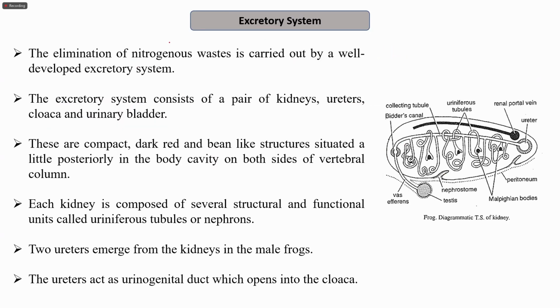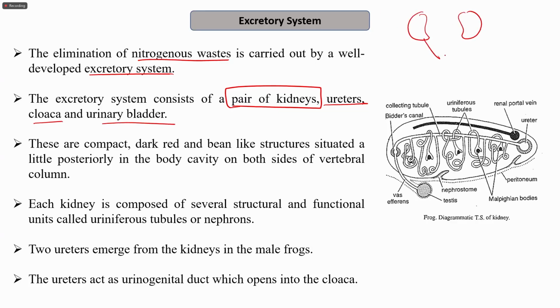Excretory system. So firstly, in the urinogenital system, I will talk about the excretory system. The elimination of nitrogenous waste is carried out by a well-developed excretory system. It consists of a pair of kidneys, ureter, cloaca, and urinary bladder. So it has a pair of kidneys, ureter, and urinary bladder that opens out through the cloaca.